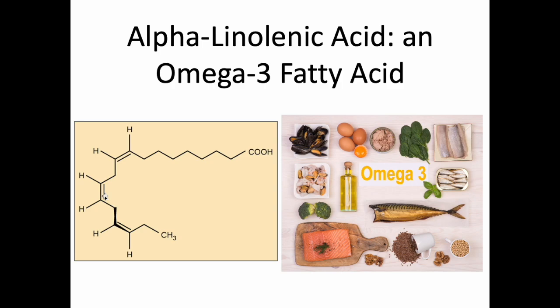What makes these special is this very specific location of the double bond, especially when there are 3 of them like this. Again, don't memorize this exact structure, but in these omega fats, they're positioned in a very specific way, and we need these things. Again, we're going to use these fatty acids to build lipids.